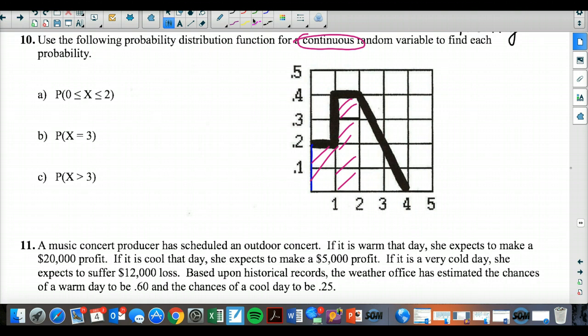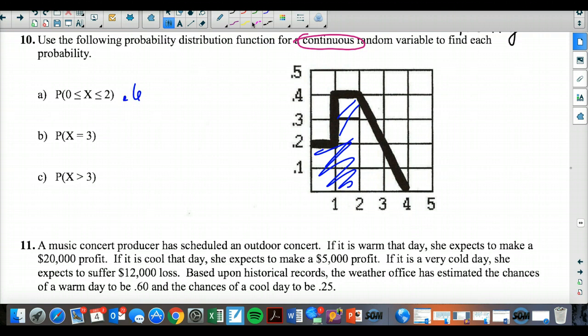If you look at the blocks, you could split the blocks up and go, okay, well there's 1, 2, 3, 4, 5, 6, 7, 8, 9, 10 blocks. Do you see that they're tenths? You can also look at the scale on the side, and the scale on the side says this is 1/10, this is another tenth, this is another tenth. You could look at it either way, but the idea is that all of this has to add up to 1, so each of these must be a tenth. So this first question is 6/10.